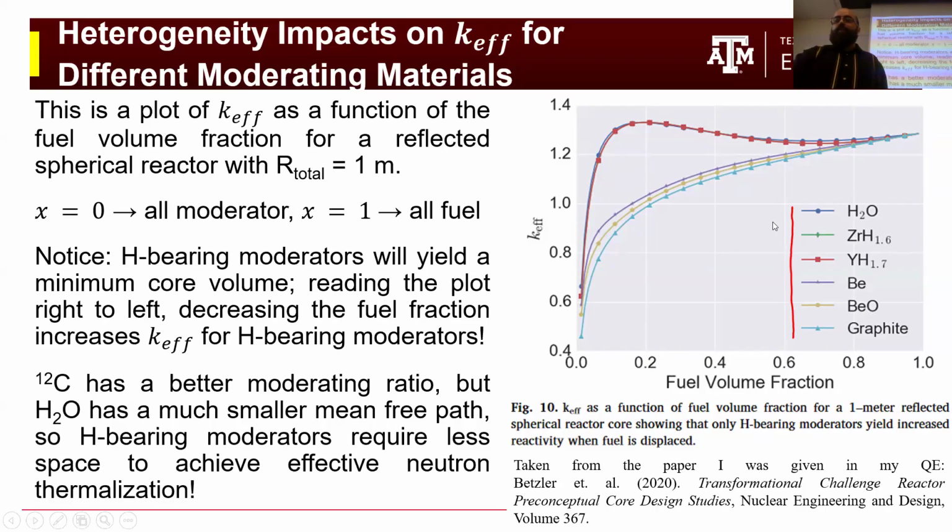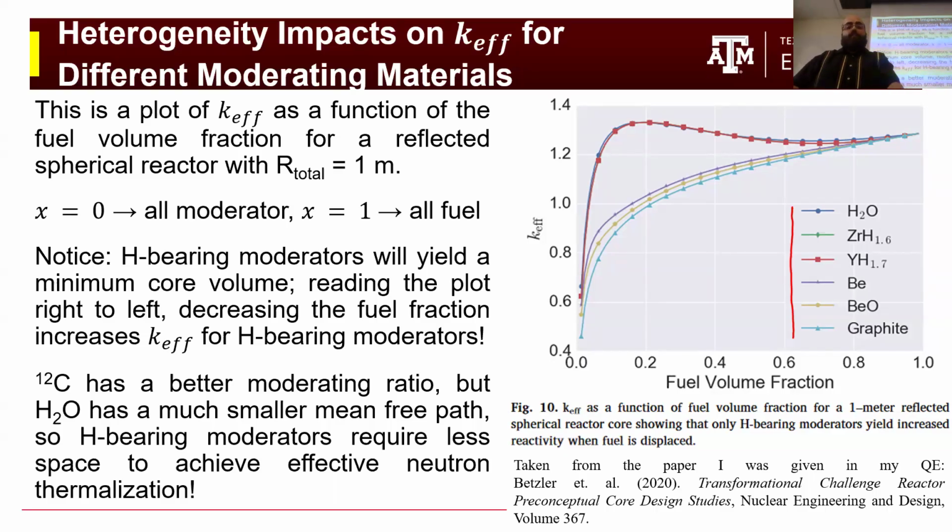So I wanted to show this plot because it's an interesting one for thinking about different parameters of a moderator, not just those figures of merit we talked about, but also how the mean free path and the total cross sections would impact our moderator design.